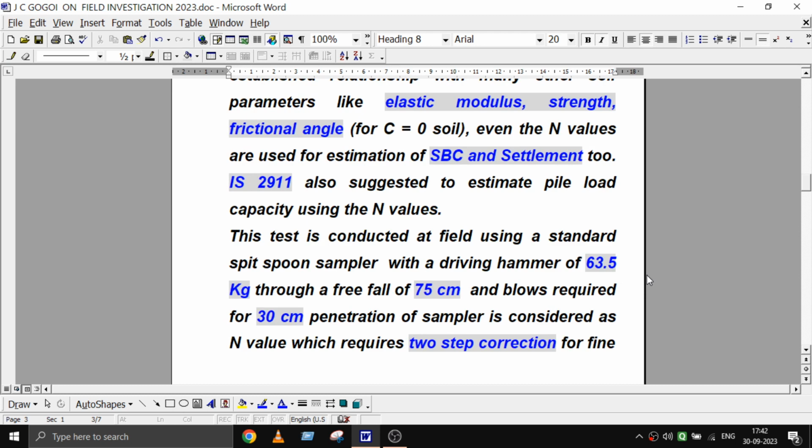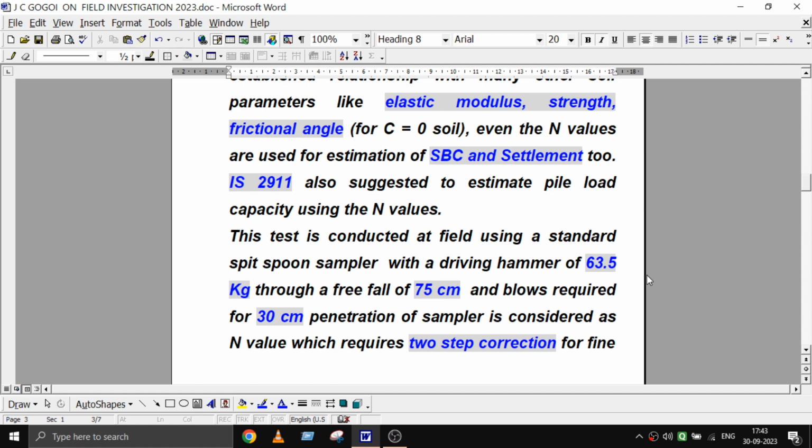Blows are taken in three equal parts of 15 centimeter. Total penetration shall be 45 centimeter, and the first 15 centimeter shall be neglected as the soil formation is considered to be a little bit soft due to the use of boring fluid, bore water or mud water, what we call.